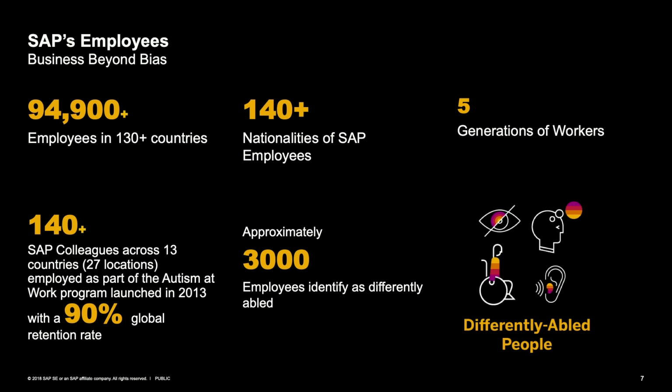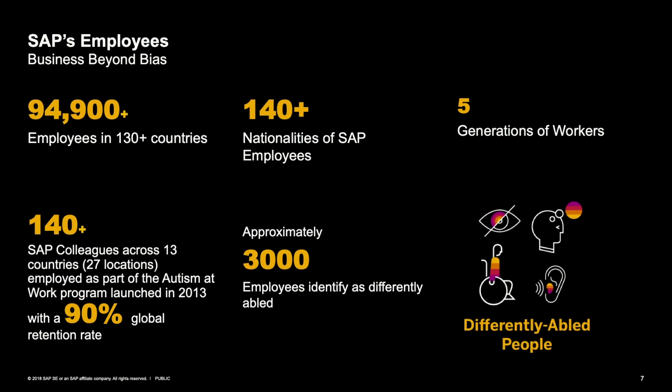And we're big internally as well. We have over 94,900 employees across 130 countries. We have more than 140 nationalities and their accompanying languages in SAP. We have 5 generations of workers.